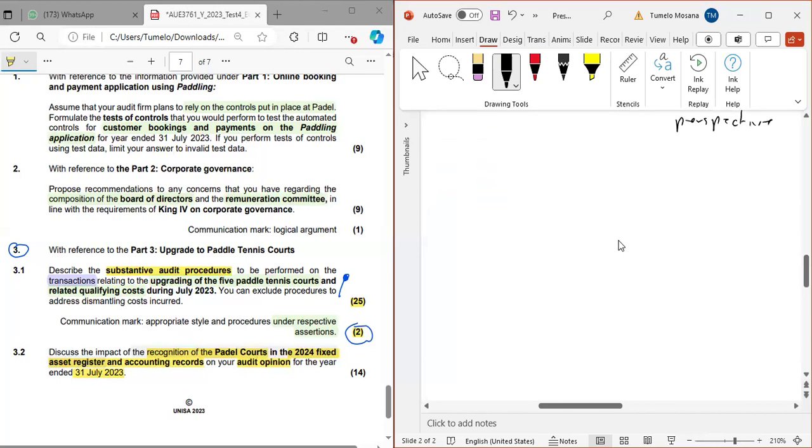So now, what you would need to understand when you are issuing an audit report is that misstatements sometimes do not lead to a qualified audit opinion, right? So when you are expressing an audit opinion, you need to think whether there are any material matters found.